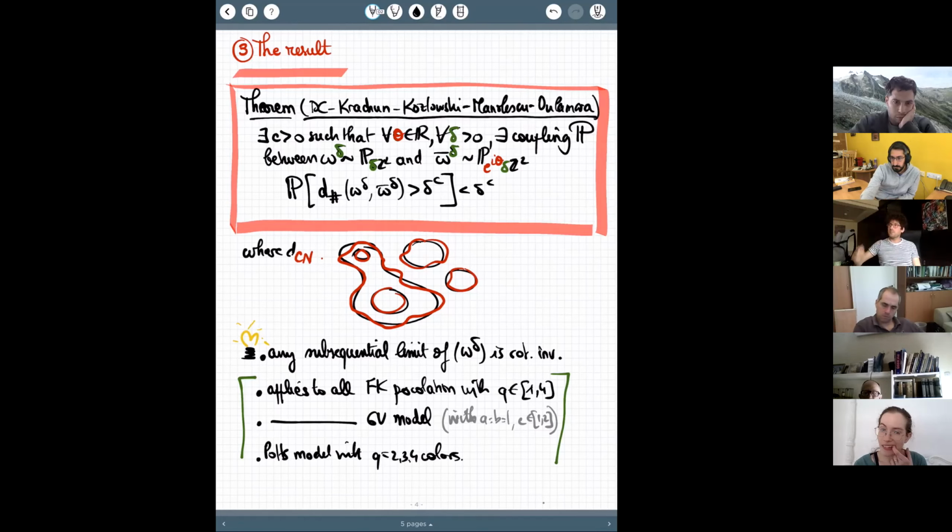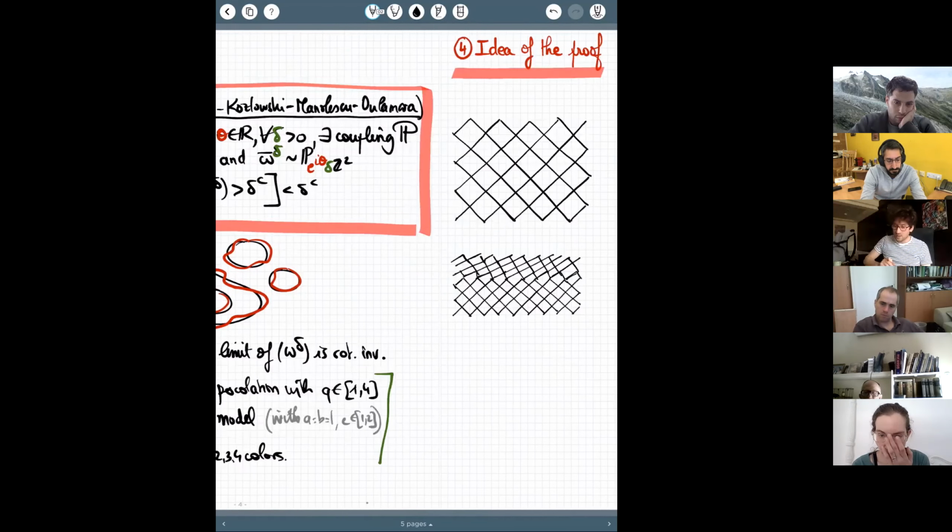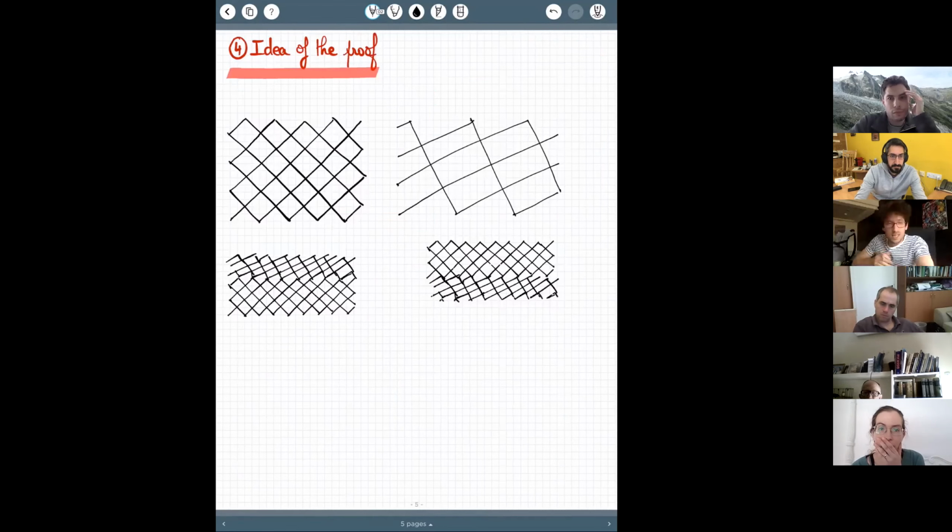Okay. So in the last, let's say 10 minutes, let me tell you a little bit about the proof. But really, it's going to be very, very quick. Interestingly enough, the proof is not going to be a direct proof of rotation invariance.